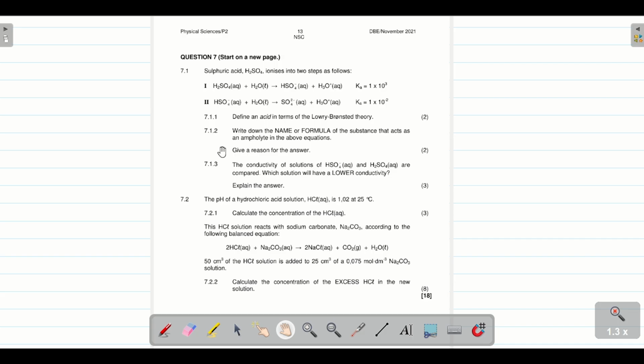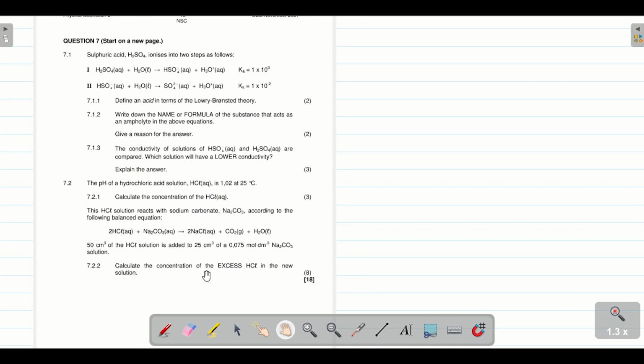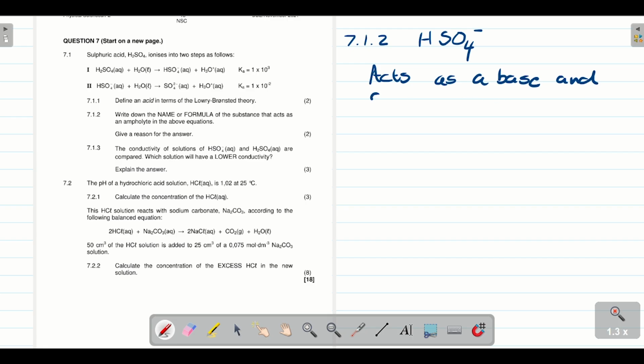So going back to 7.1.2, our answer is HSO4 minus, and the reason is that it acts as a base in reaction 1 and an acid in reaction 2.